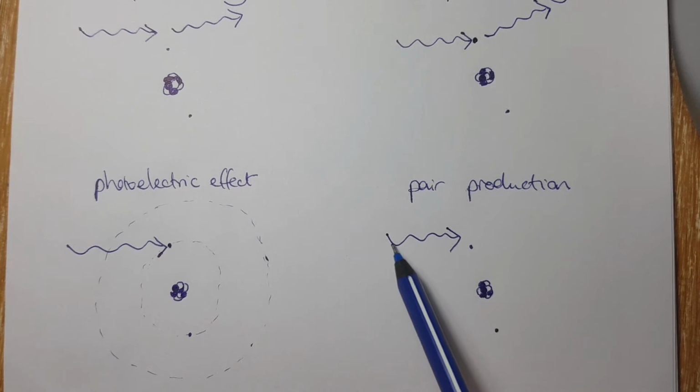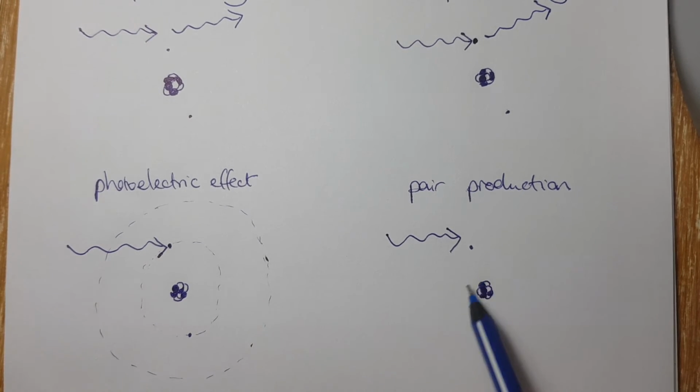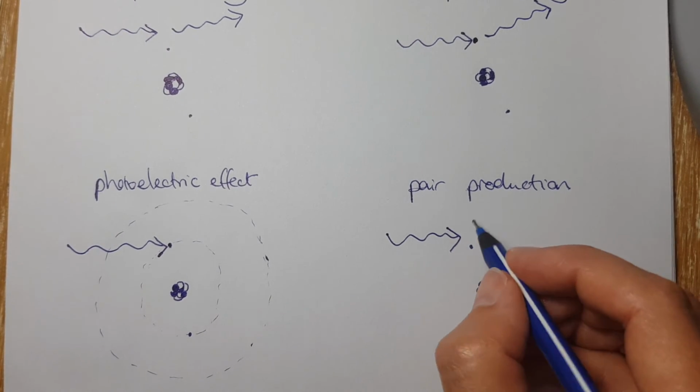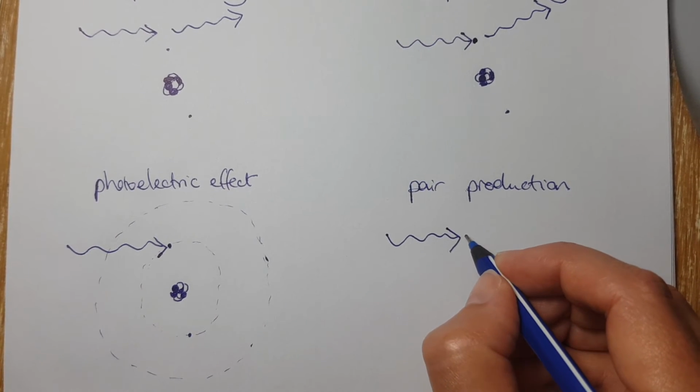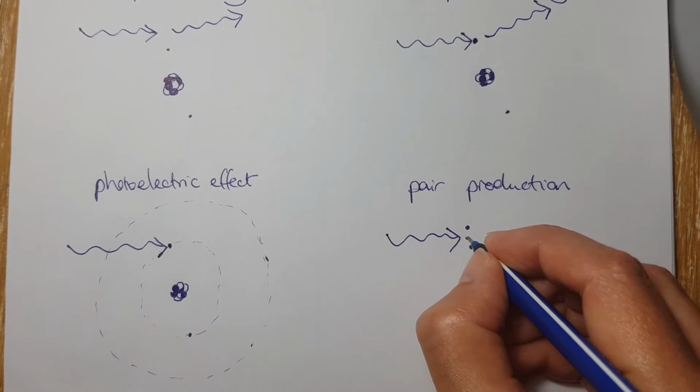Now here, our X-ray photon is actually interacting with the nucleus. You don't have to remember that, but that's what's going on. Anyway, what happens is the X-ray photon disappears, and in its place we have an electron and a positron.